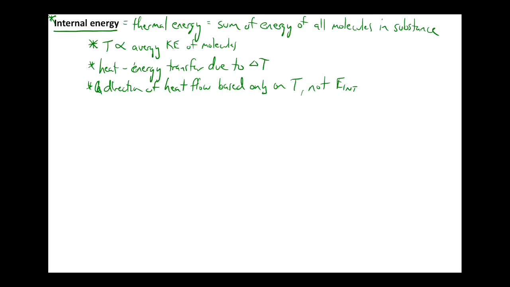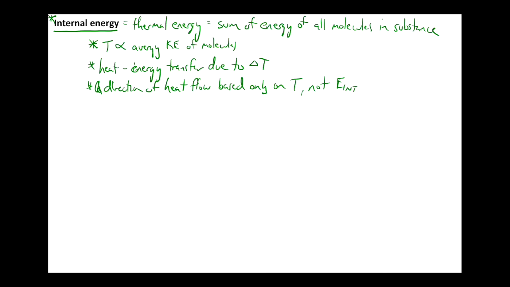However, the two iPads clearly have more molecules than the one iPad, right? So if I were to add up all of the kinetic energy of all the individual molecules, the two iPads are going to have more internal energy than just one, even though they're at the same temperature. So the fact that one has more energy overall doesn't allow it to transfer energy.